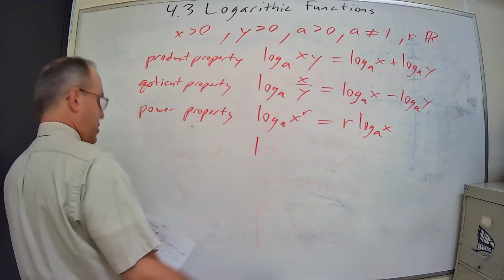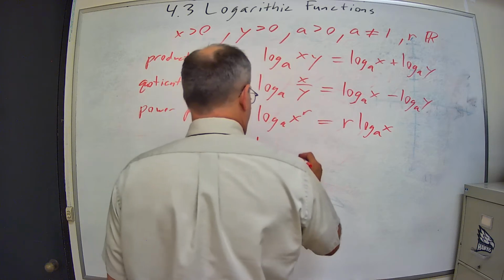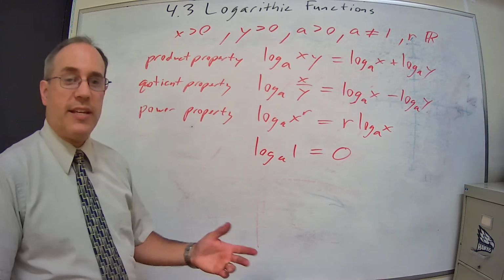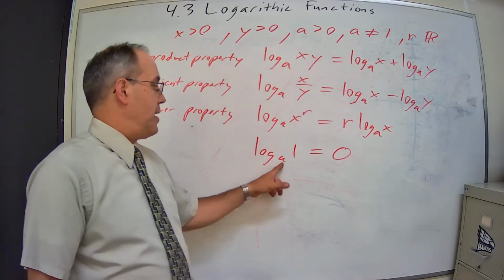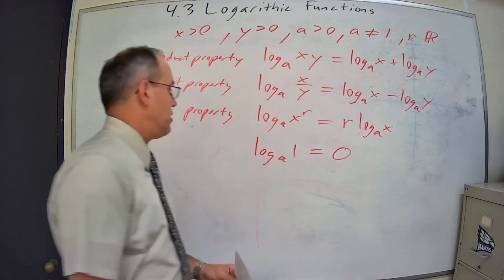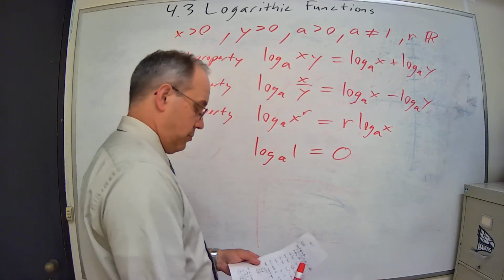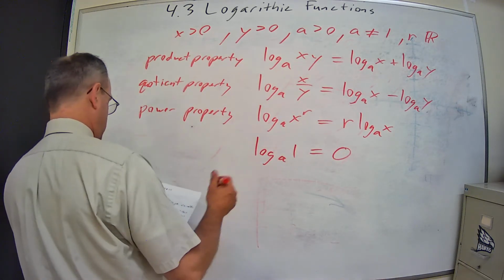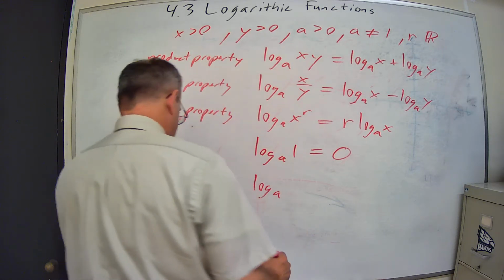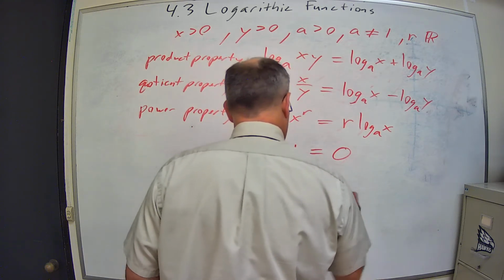Without any name for it, just logarithm of 1, log base a of 1 is equal to 0. Remember that it's the inverse of an exponential. Any number raised to the 0th power is 1. So log base a of 1 is equal to 0. And log base a of a is equal to 1.